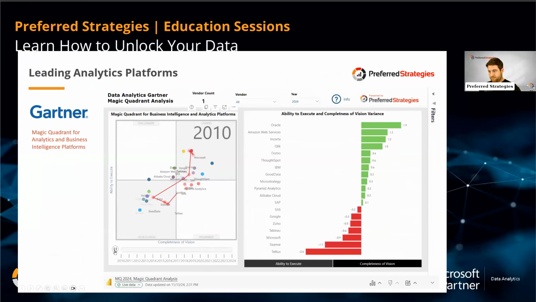Let's click play. So 2011, 2012, you can see Oracle was really up high in the leaders quadrant. And then when that shift to self-service analytics came about, they dropped down. But over the last 5 years or so, they've really made a lot of investments into the Oracle Cloud Analytics platform.